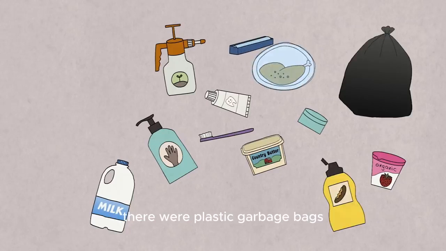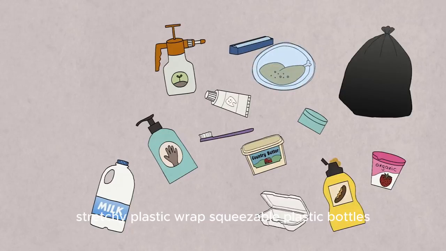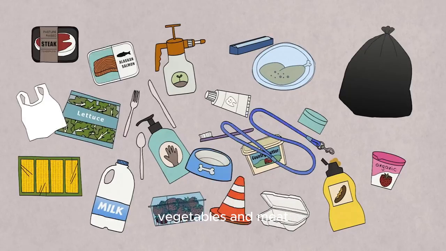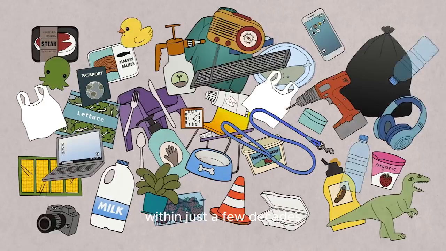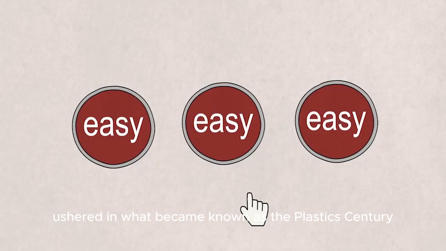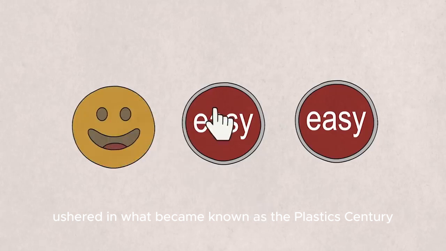Suddenly, there were plastic garbage bags, stretchy plastic wrap, squeezable plastic bottles, takeaway cartons, and plastic containers for fruit, vegetables, and meat. Within just a few decades, this multifaceted material ushered in what became known as the plastics century.